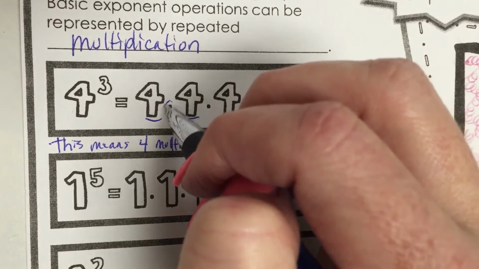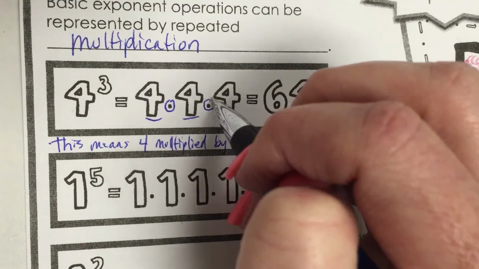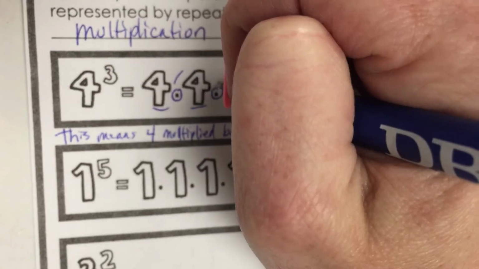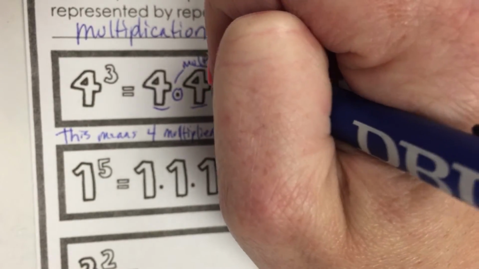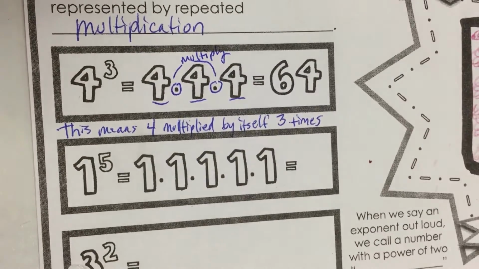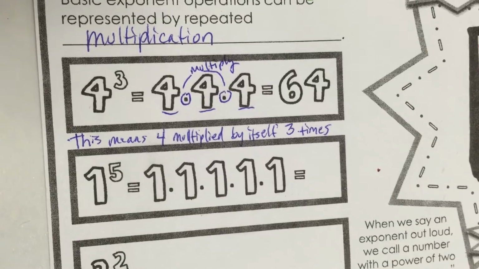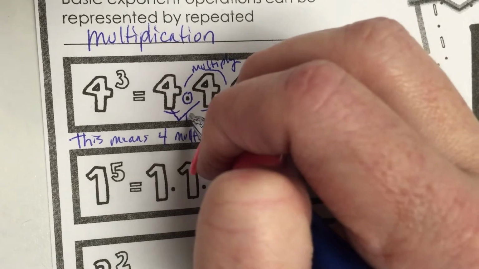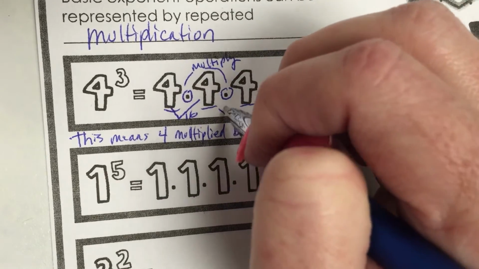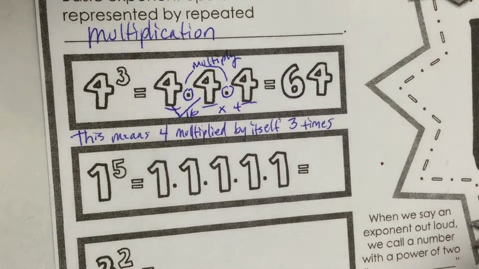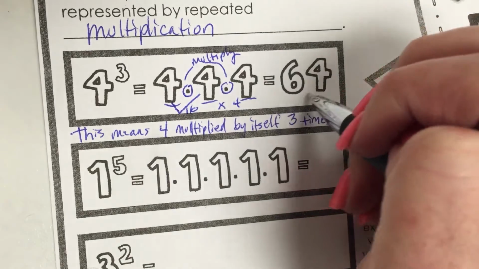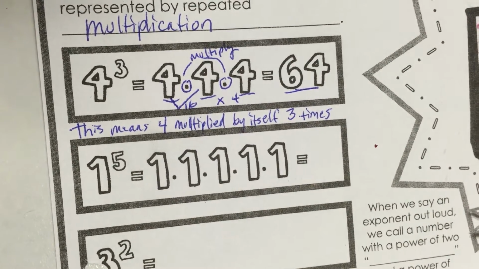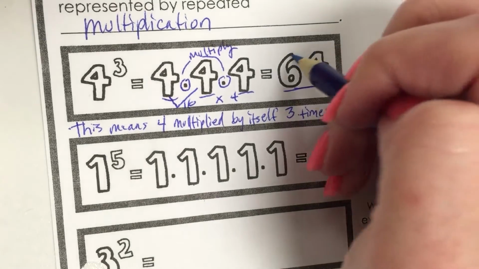Now here's the multiplication symbol that you may or may not be familiar with, but when you see that dot, it actually means to multiply. So when we multiply 4 times 4, we get 16. But we still have this 4 to take care of. So 16 times 4, well, that's where we see our answer there. We see it as 64.